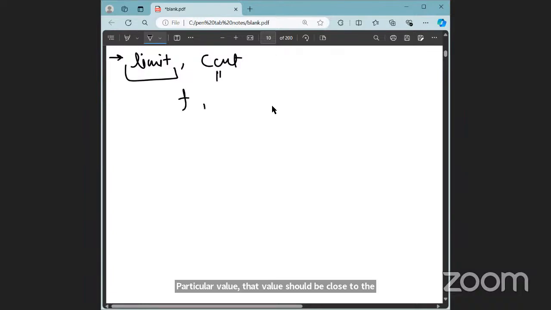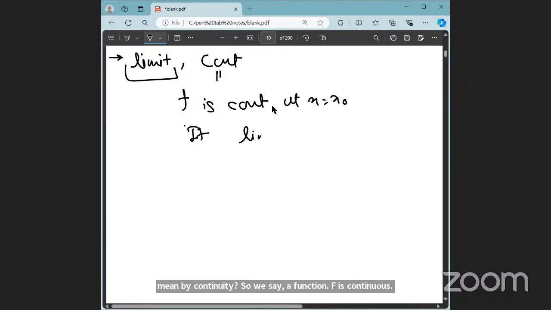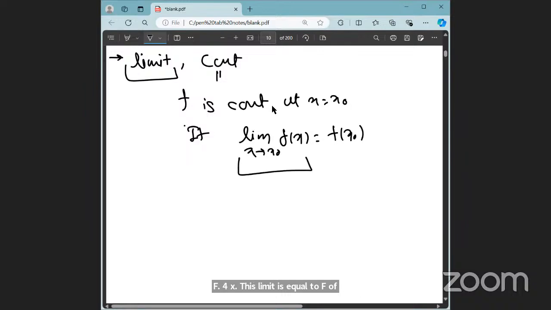What do you mean by continuity? We say a function f is continuous at a point x equals x naught if the limit as x goes to x naught of f of x equals f of x naught. That means first we want the existence of this limit, and then that this limit should equal the value of the function. So what is differentiability? In theory, differentiability is nothing but a particular type of limit.